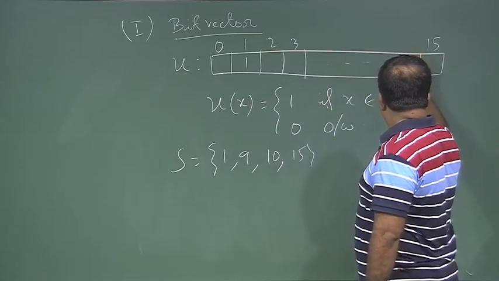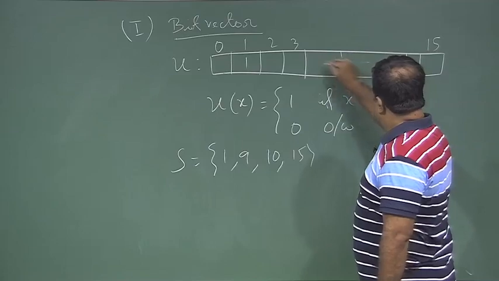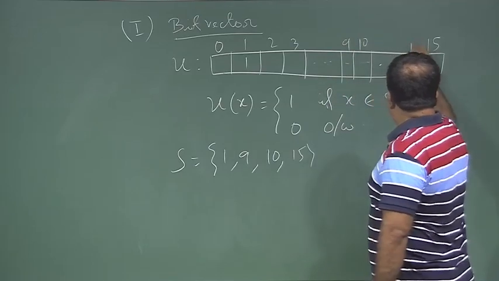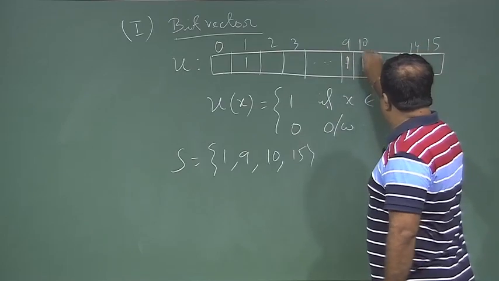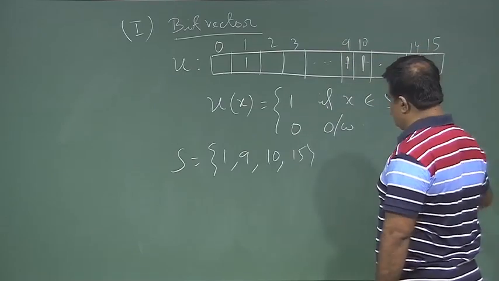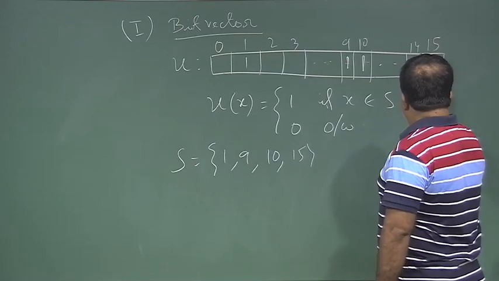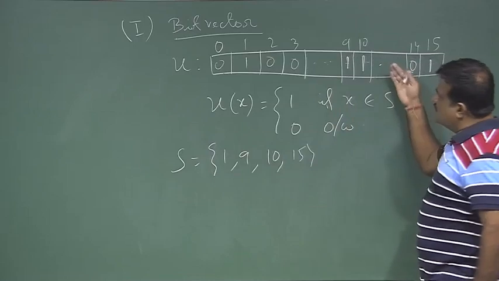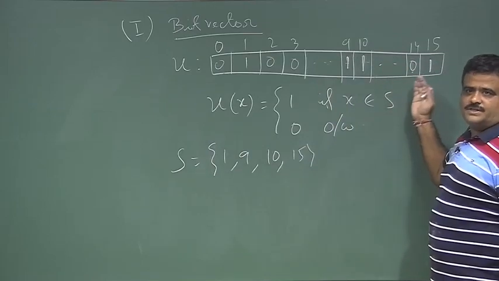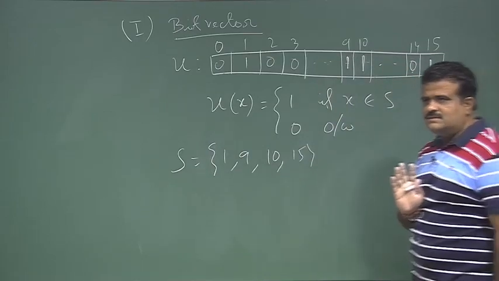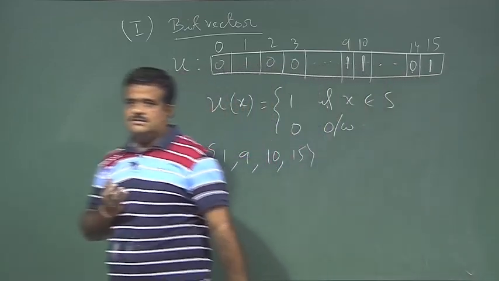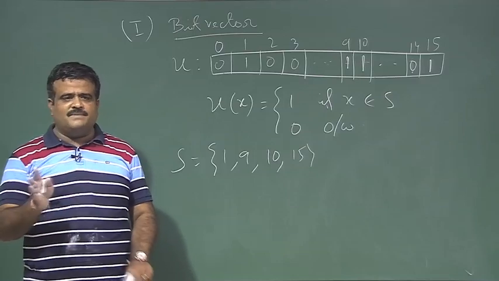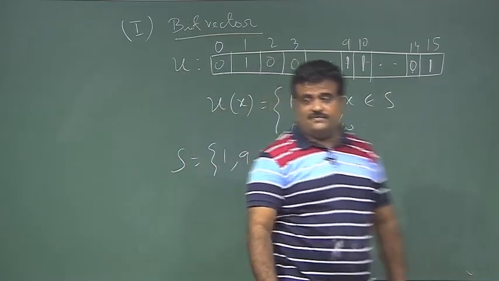So, this is 14, this is 9, this is 10, and we have 1 over here, 14 we don't have 1, and remaining are all zeros. So, this is the current position of this data structure U. This is called a bit vector, just switch off, switch on, 0, 1, very simple data structure, very effective.